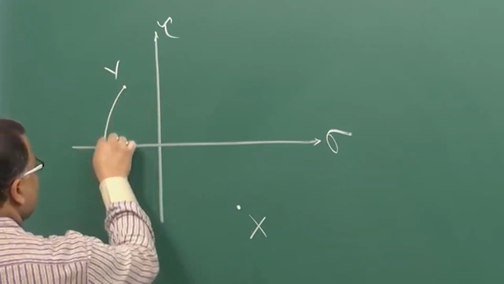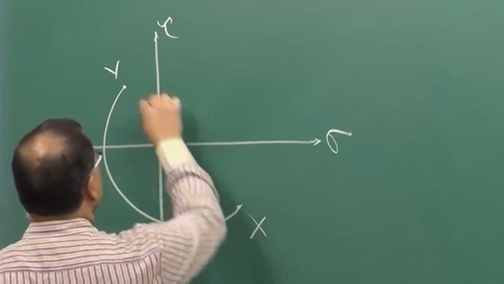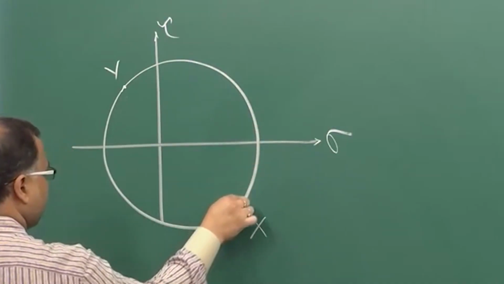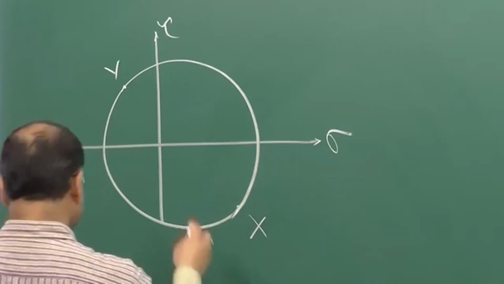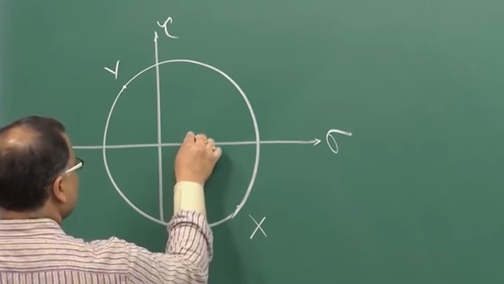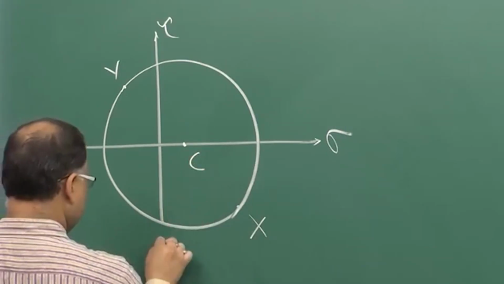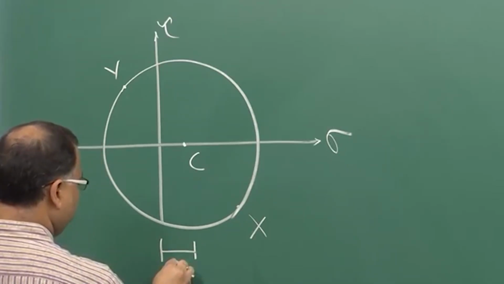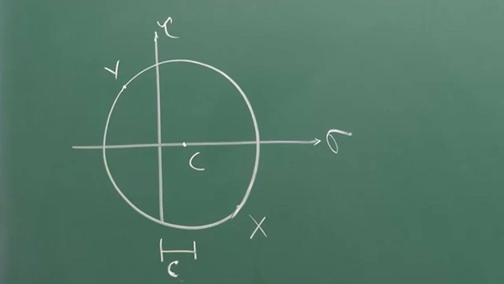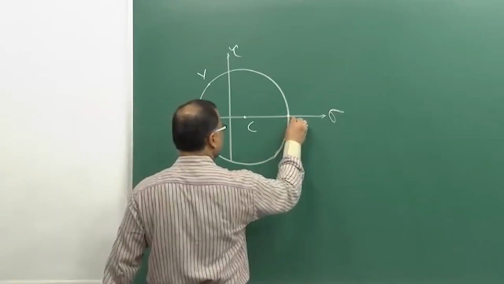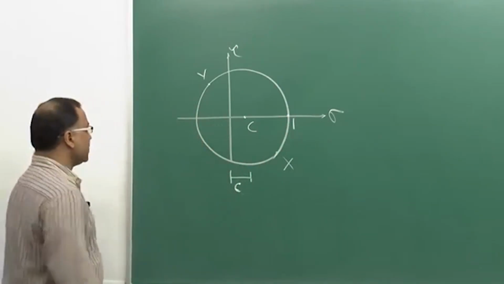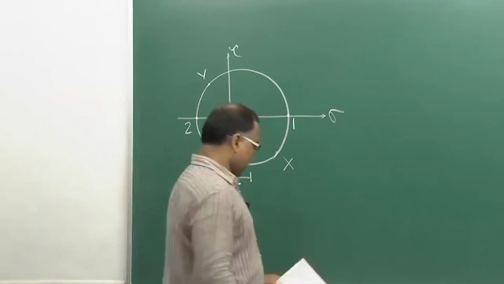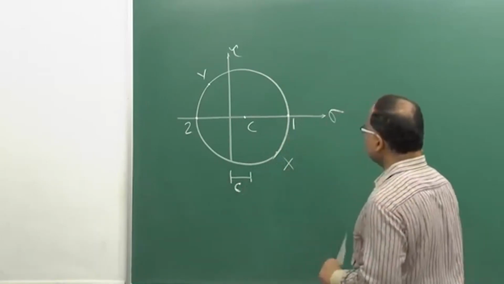With this I can draw a Mohr circle. The center of the Mohr circle is here, that is C. This point will indicate the major principal stress, and this point will indicate the minor principal stress. Our objective is to find sigma 1 and sigma 2.